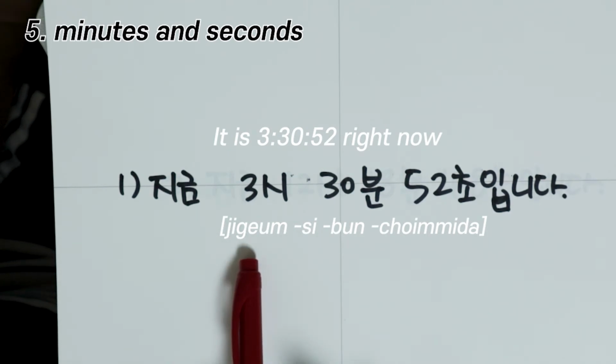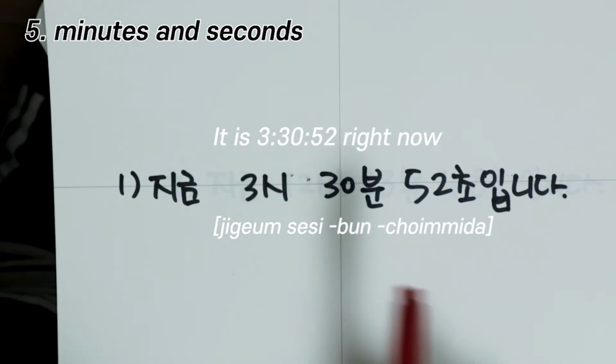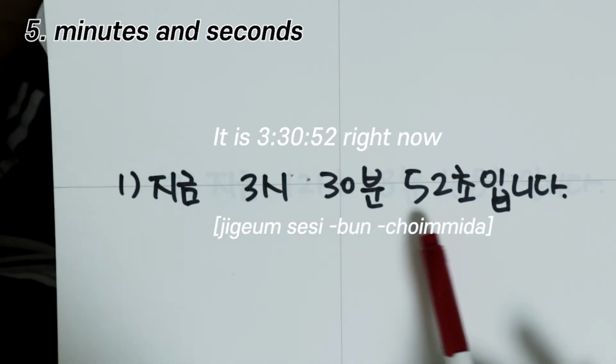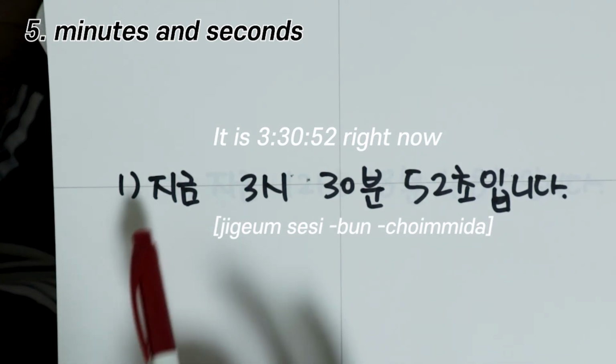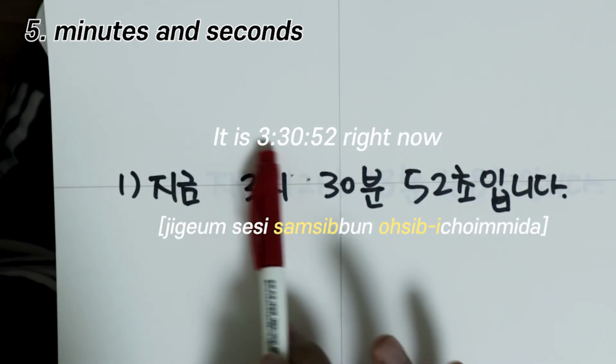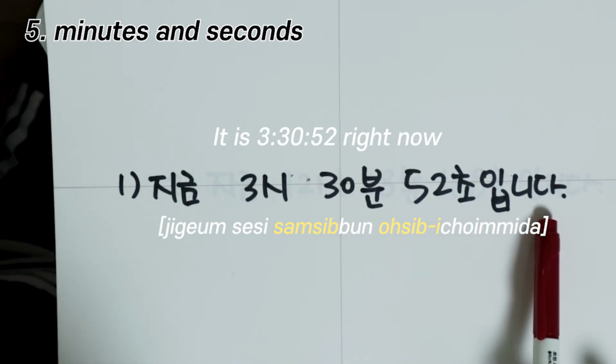So, I will share how to say it. This is 3시. What about this part and this part? Count on 3. 3, 2, 1. The time is up. The answer is 지금 3시 30분 52초입니다.